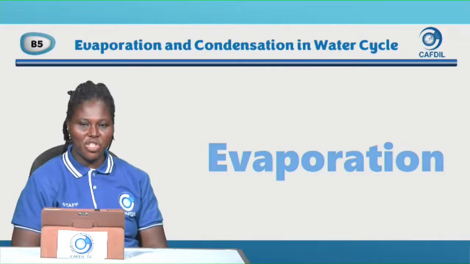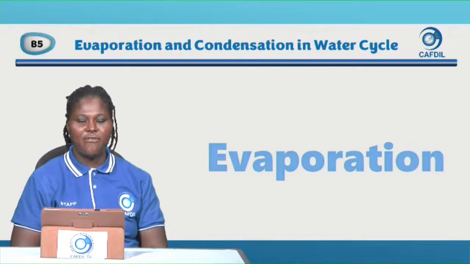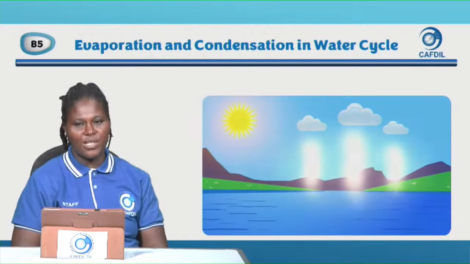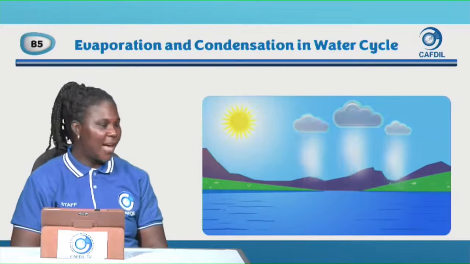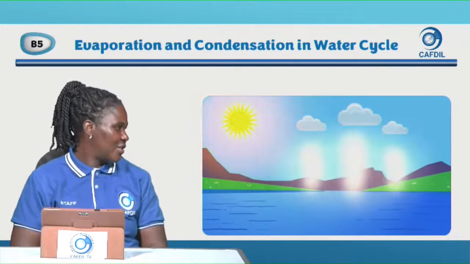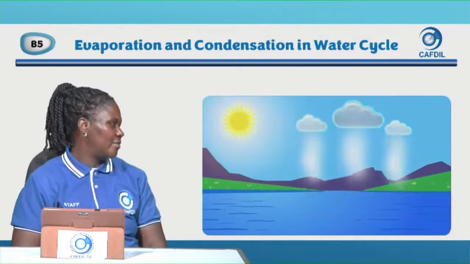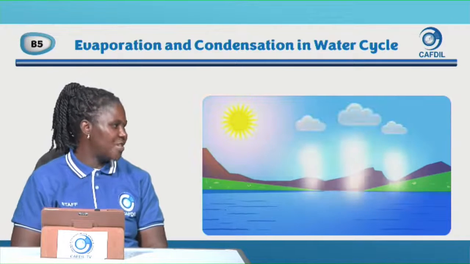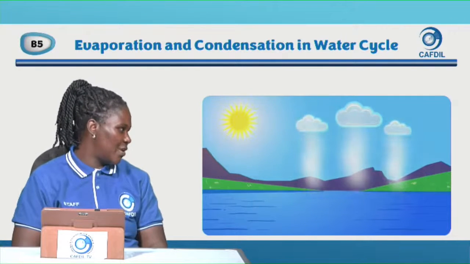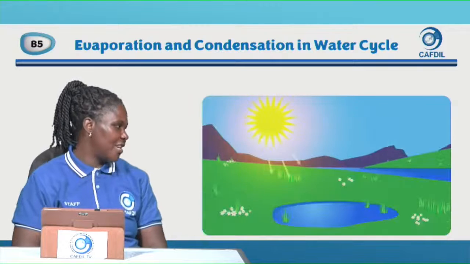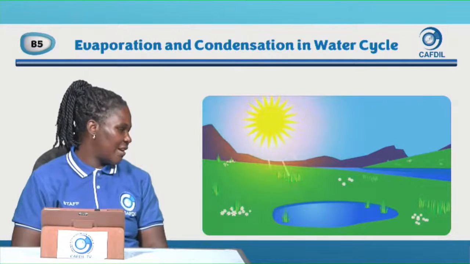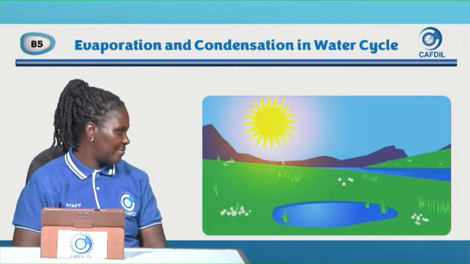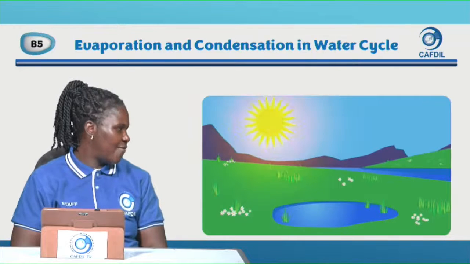So evaporation is the first stage of the water cycle. The sun's rays give the water energy to evaporate into the sky. So we can see the water evaporating into the sky. Water from the water bodies will evaporate.